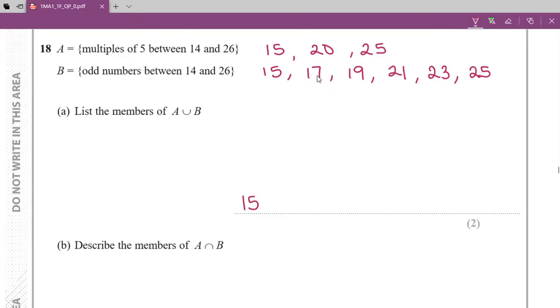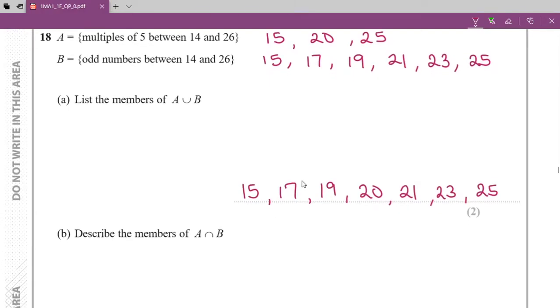Here we have 17, so write down 17. The next you got 19. The next you have 20. The next you have 21. The next you got 23. Now we have 25 and 25 here. Just pick one of the 25. So that really gives us the answer.